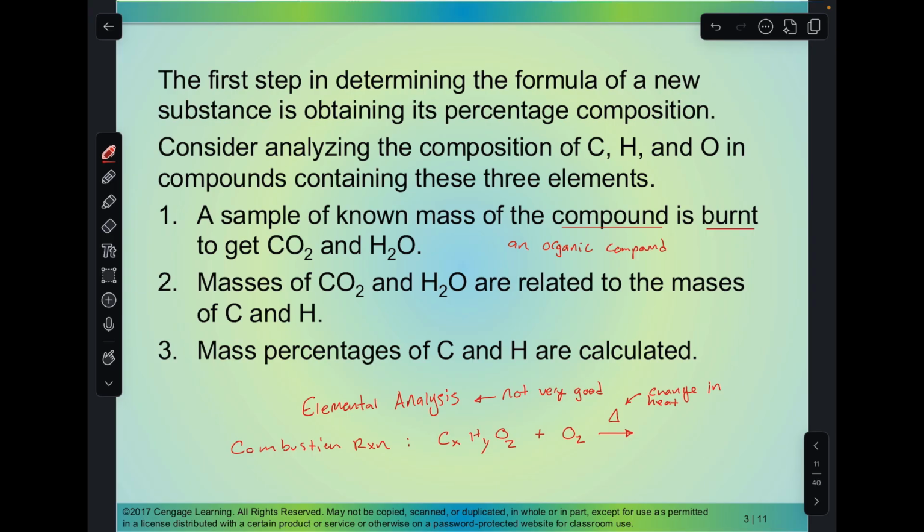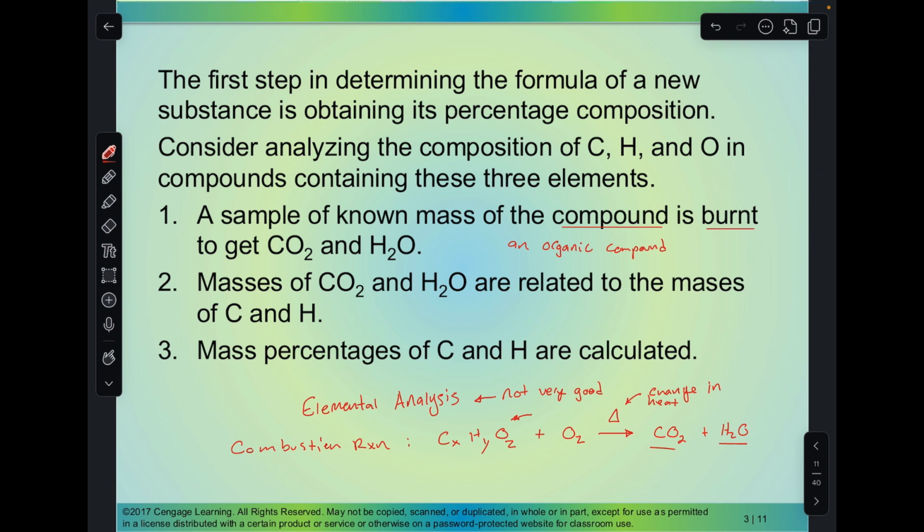But when you heat something up in the presence of oxygen, specifically some kind of carbohydrate, then you will always get out CO2 and H2O. You will always get out carbon dioxide and water. These are going to be your products.